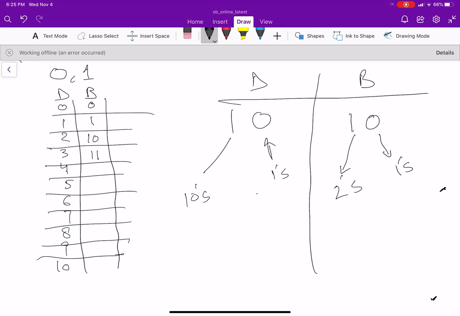If we have 1 1, that means 3. If we have 1 0 0, this is 4s, this is 2s, and this is 1s. So we are multiplying by 2 every time. Here we multiply by 10. Remember this was hundreds, right? So we were multiplying by 10 every time. Here we are multiplying by 2 every time.